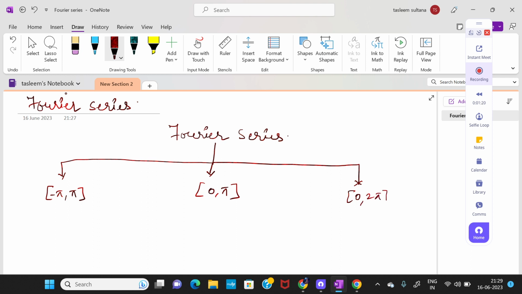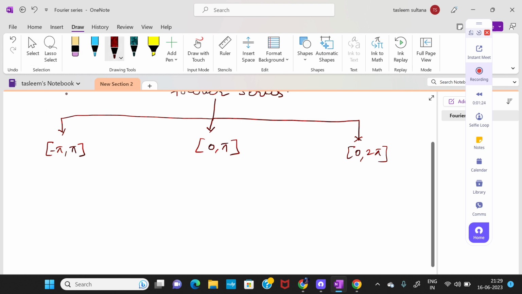Most of the intervals are going to be on this scale only. When they ask you to find the Fourier series under this interval, you check whether the function is even or odd.